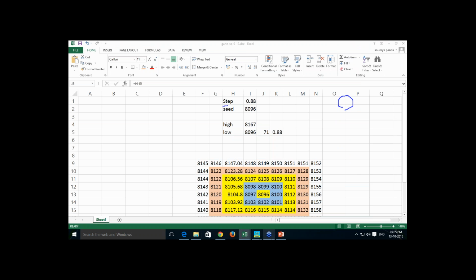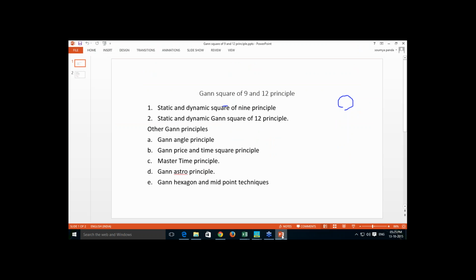Besides this, Gann study starts from your square of 9 and square of 12, just arranging numbers in different geometrical configurations, squares, hexagons, circles, by a predefined Gann rule, and based on that you take a call. That is the first study of WD Gann.